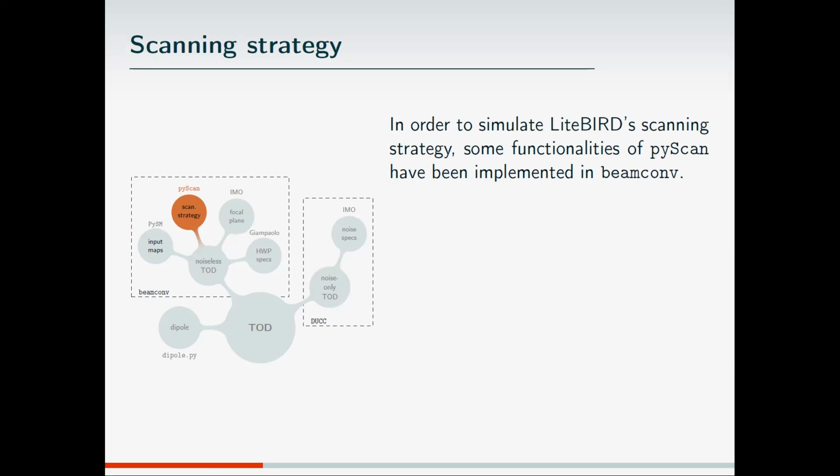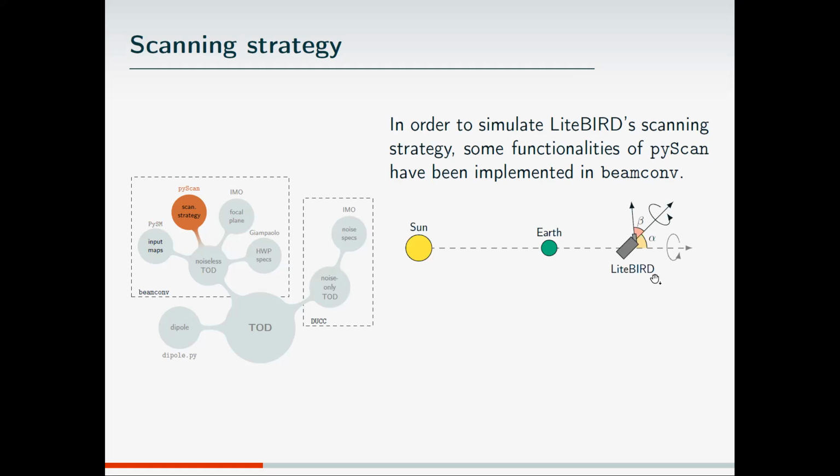About the scanning strategy, this was a bit tricky because inside beamconv we had this satellite scan branch, and we decided to implement in there the possibility of a realistic scanning strategy for a satellite at L2, like LiteBIRD. In order to do so, we took some functionalities from PyScan, which is a code developed by Tomotake Matsumura that is being used in LiteBIRD sim, and put them into beamconv.